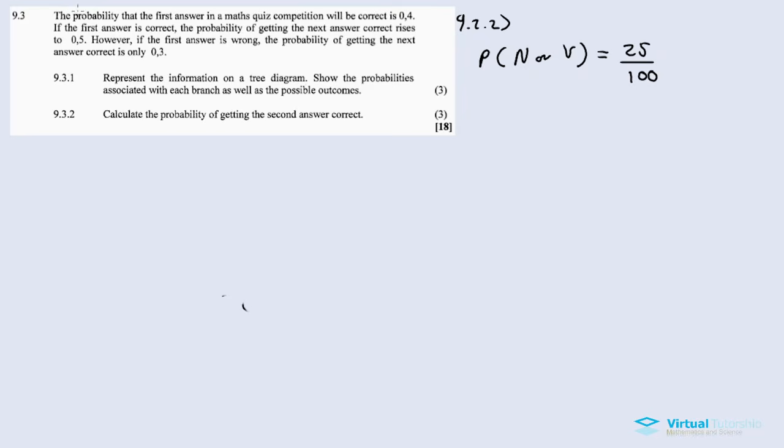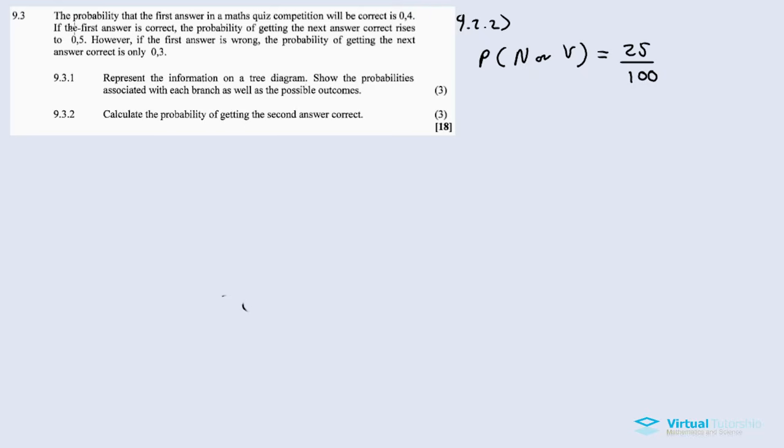Alright, now the probability that the first answer in a maths quiz competition will be correct is 0.4. Remember, probabilities, when you add them up, they must give you 1, right? So in a maths quiz, the probability of getting the answer correct is 0.4, which is the same as saying 40%.